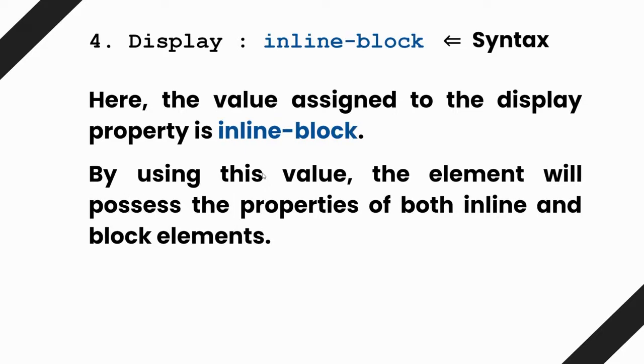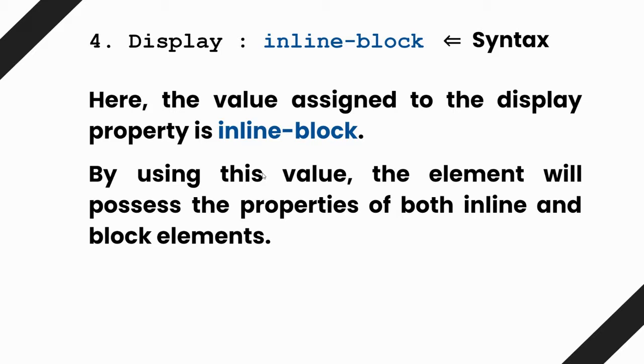Okay, so here we have the display property to be assigned the value of inline-block. I'm sure many of us are not aware of this, but for those that already know some basics of HTML, probably in the past you might have come across this once upon a time.